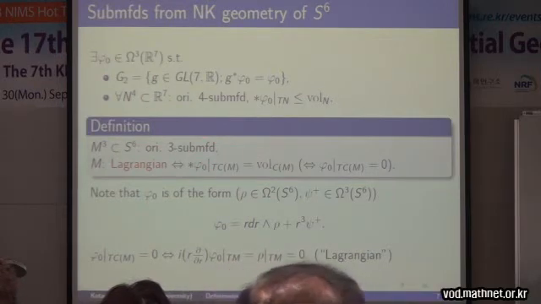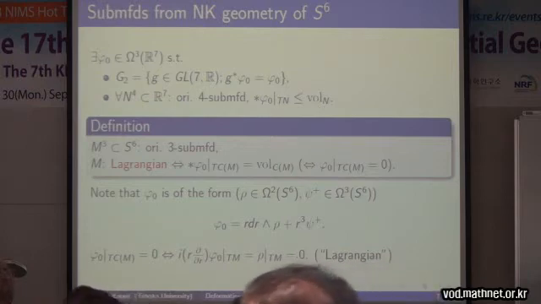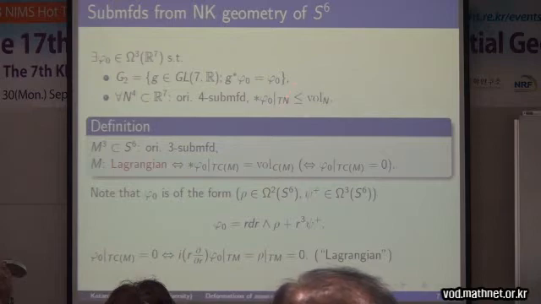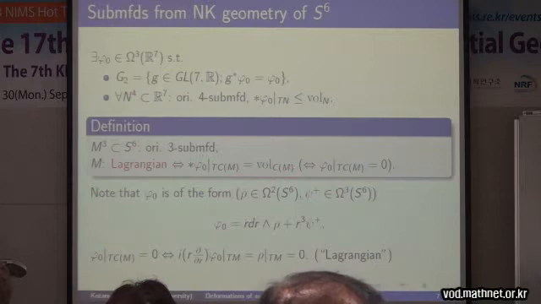Then M is called Lagrangian if and only if this equality holds when N is equal to the cone of M, CM. And this condition is known to be equivalent to this condition: phi 0 restricted to TCM is equal to 0.